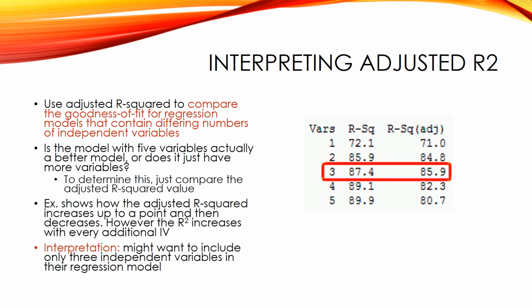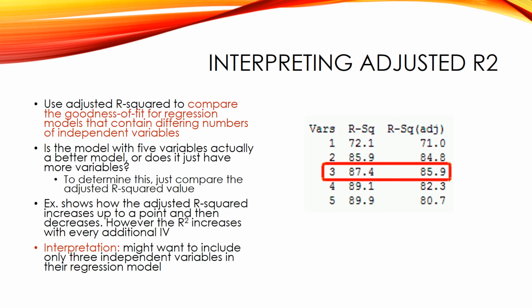So if we had five variables that we wanted to use to predict, we'll say again, college GPA, what you would do is you would look at the R squared, and then you look at the adjusted R squared, and what you'll see is the adjusted R squared will increase up to a point. So if you look at variables 1, 2, and 3, it increases up to 85.9, but then when you add in variables 4 and 5, it starts to decrease again.